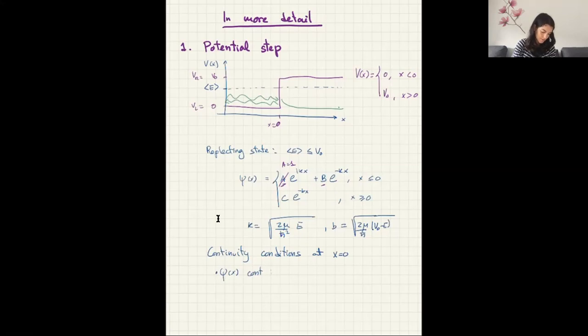So this means that 1 times e^(ik·0) plus b e^(-ik·0) equals c e^(-β·0), so the wave function coming from the left is equal to the wave function coming from the right. So that's 1, that's 1, that's 1. So we get the condition that 1 plus b equals c. Very good.